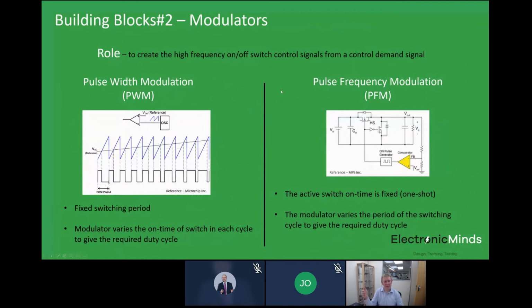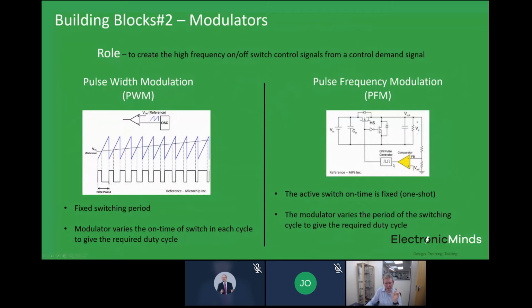However, if you remember that example I gave on a slide or two back, if you run down to 0 load, you don't want your power converter running at 100 kilohertz anymore. You want it to back right off. So there are some schemes that can mix these two schemes together, but another scheme is a pulse frequency modulation system. What happens there is that we have a one-shot timer.